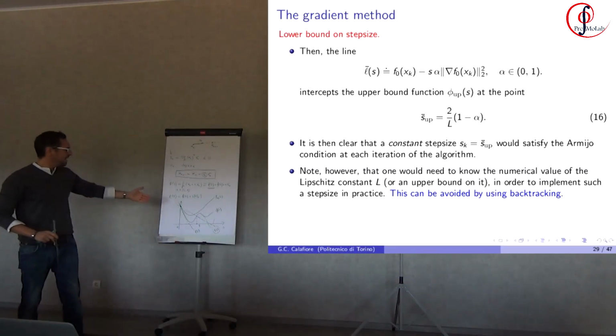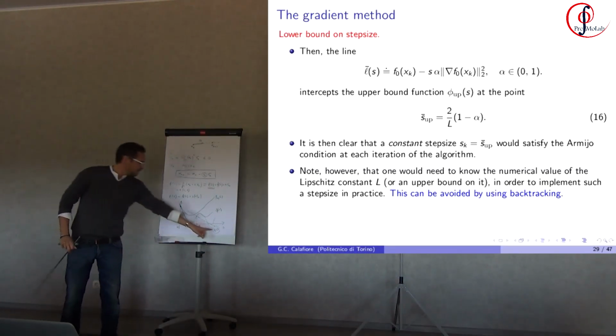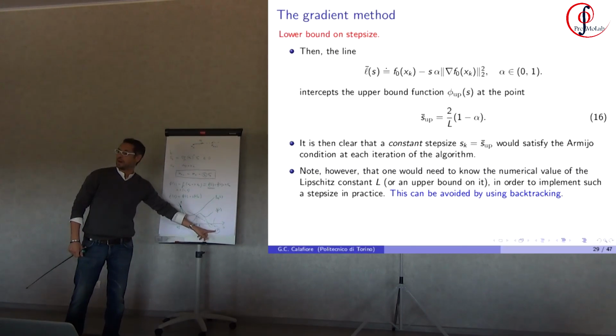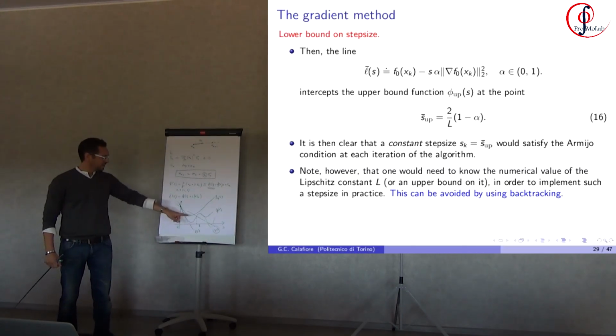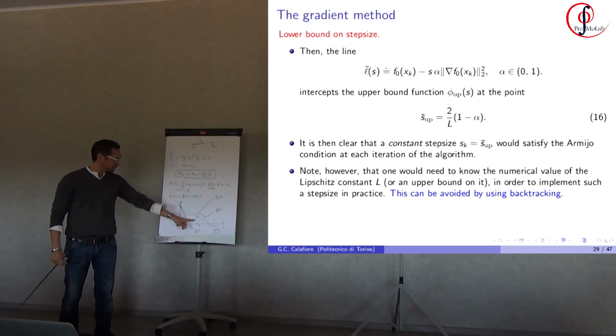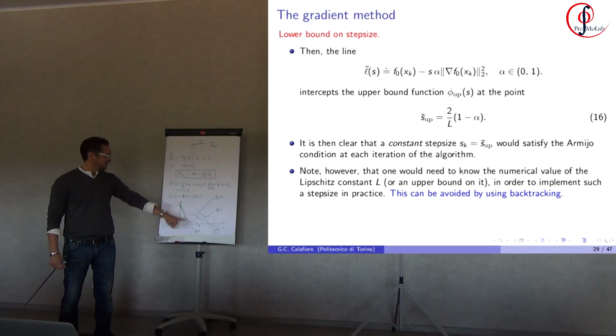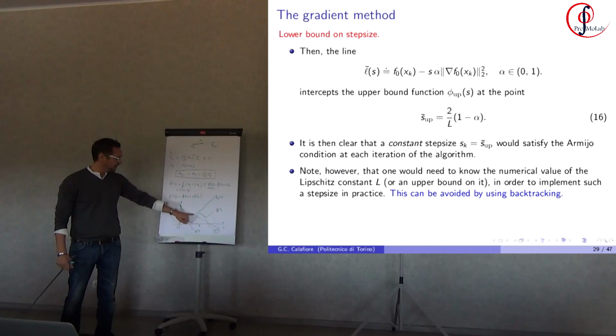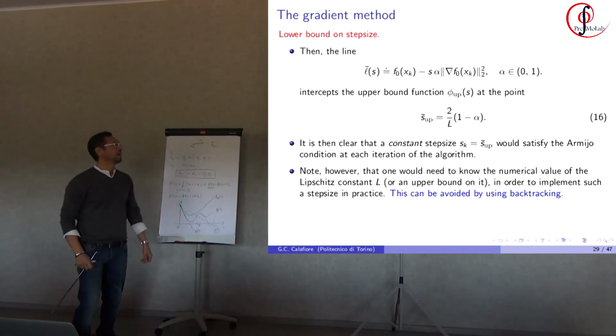Then the idea is that the line that we defined before, L bar, will cross both phi and phi up. And actually, it will cross phi before S bar, for sure.